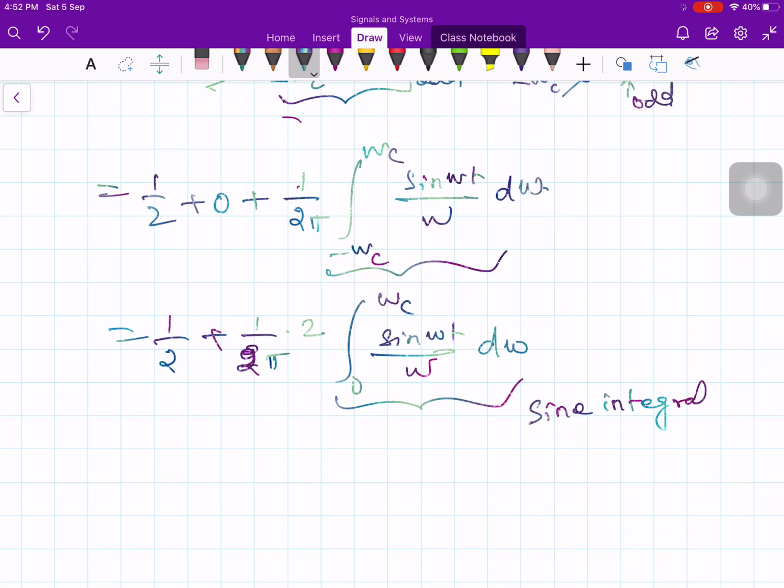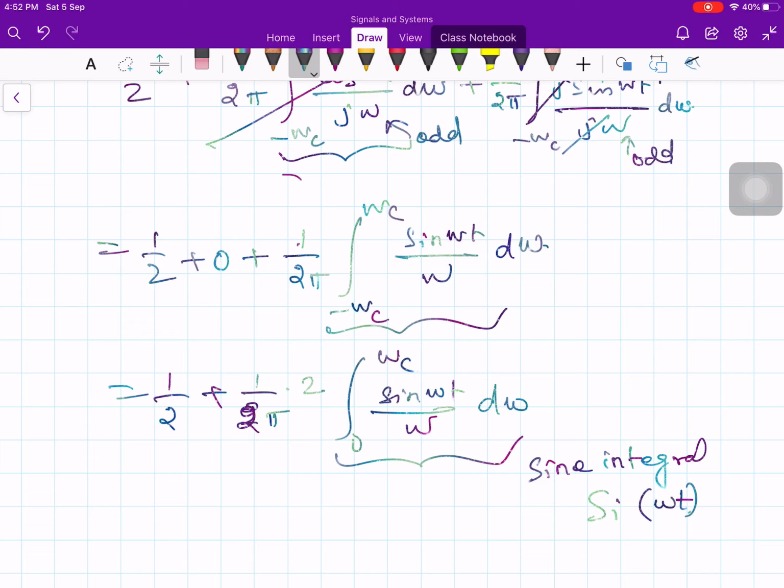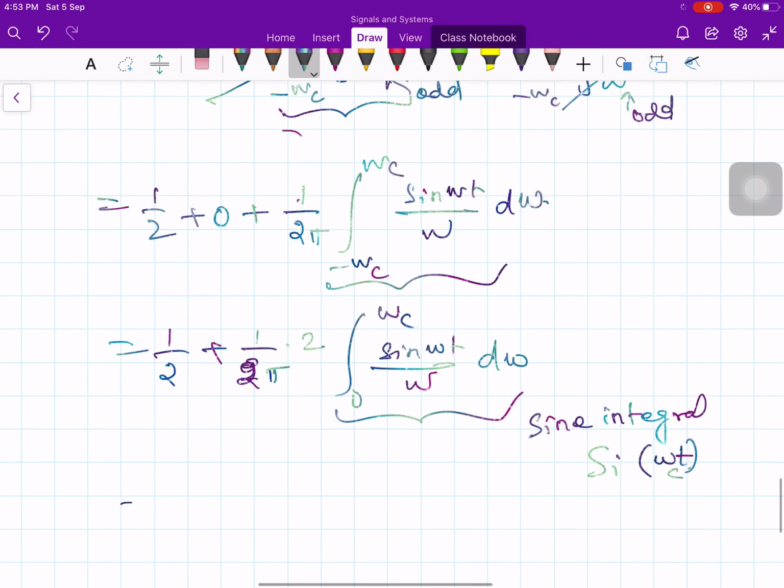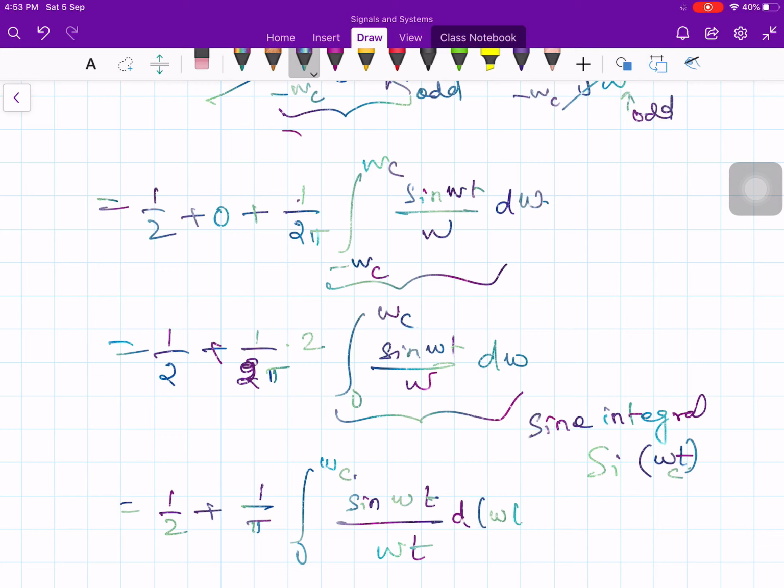Si of the argument, Si of omega c t, and the upper limit is omega c, therefore I put a c here, because I can write this as follows: 1 by 2, the 2 will get cancelled, 1 by pi integral from 0 to omega c of sin omega t by omega t times d of omega t. Like this I can write, I mean, you introduce t in the numerator and t in the denominator.